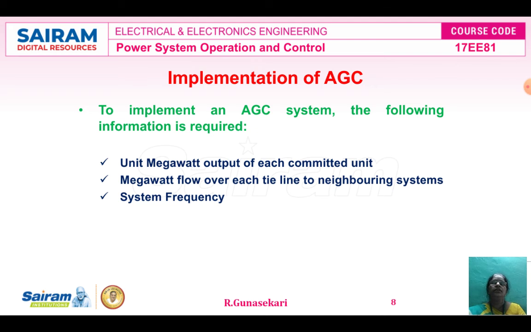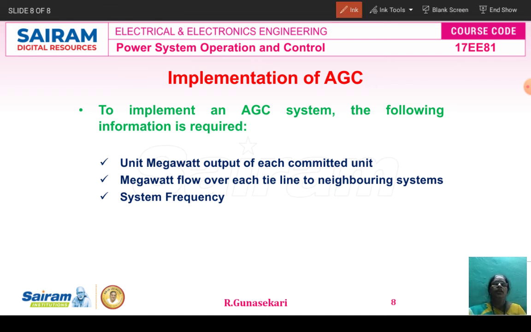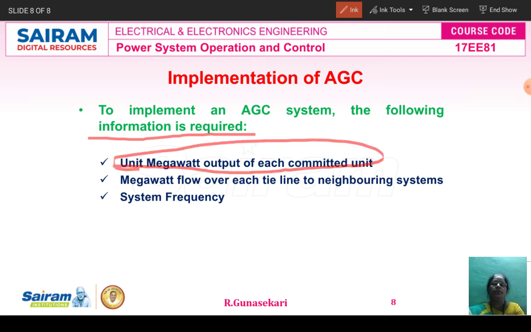Then next, we studied the implementation of automatic generation control. If we have to implement automatic generation control in the interconnected power system, what information is required? The first one is the unit megawatt output of each committed unit. Committed unit means what?